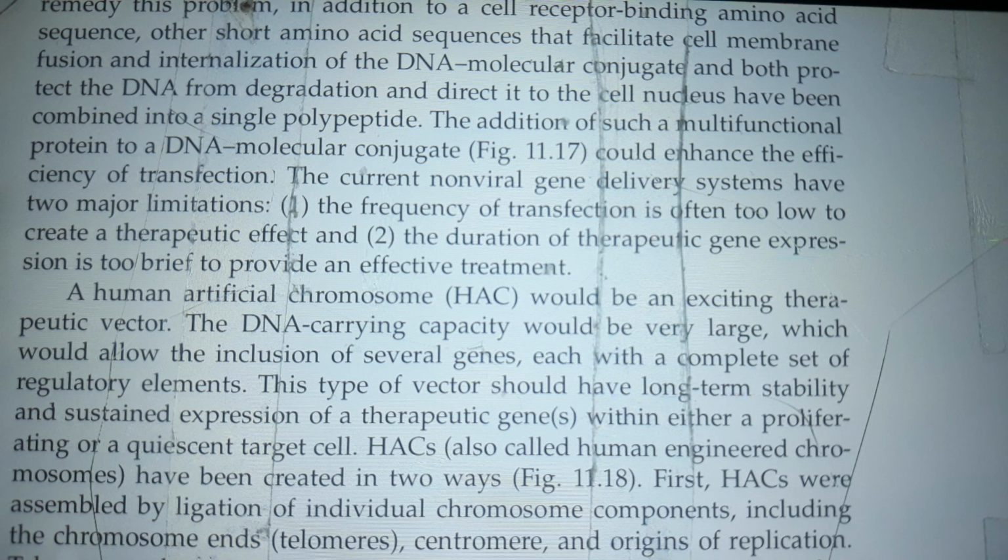The addition of such a multifunction protein to a DNA molecular conjugate could enhance the efficiency of transfection. The current non-viral gene delivery systems have two major limitations. That is, one, the frequency of transfection is often too low to create a therapeutic effect, and two, the duration of therapeutic gene expression is too brief to provide an effective treatment.